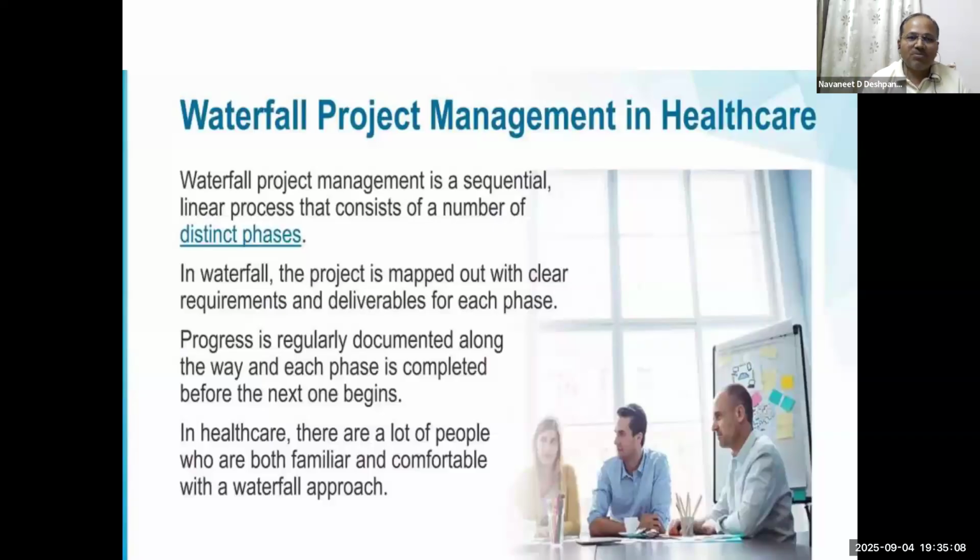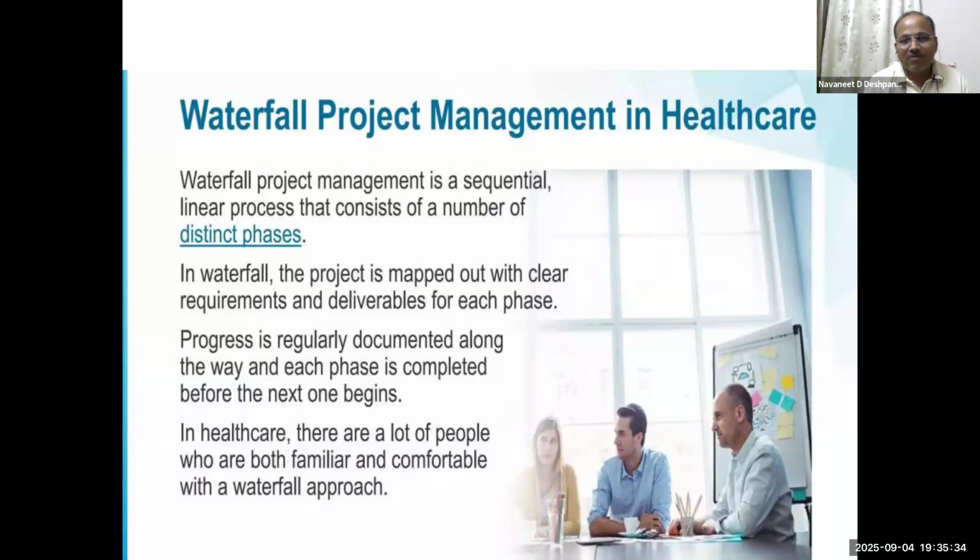Essentially, one phase has to be completed before the next phase begins. We can say it is batch-wise. Earlier it was implemented in the manufacturing sector as batch-wise production. Some other countries have mass production units. These are the same things which are implemented in the healthcare industry.